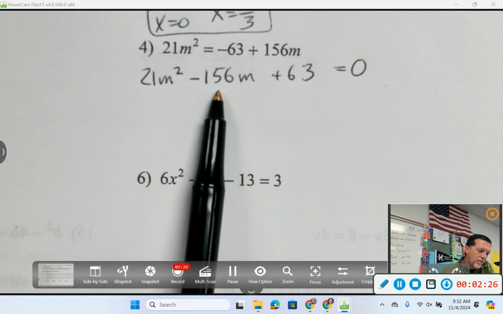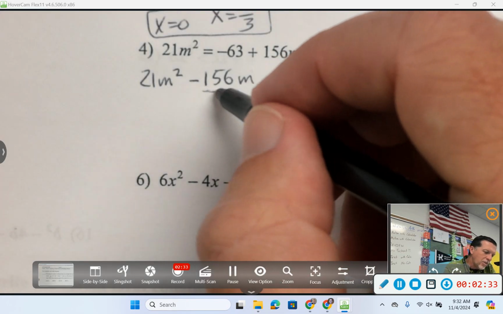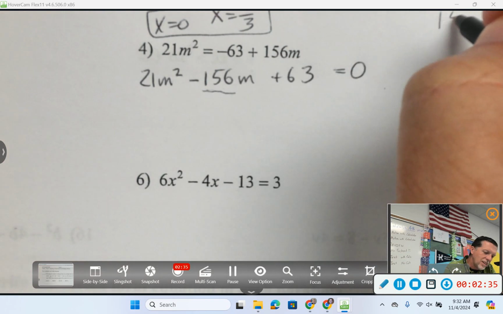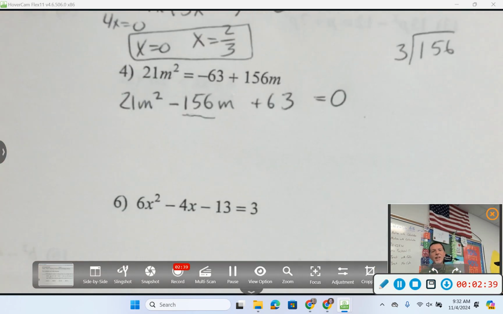I don't think it is. Let's see, it is divisible by 3 at least. Just trying to figure out how I would like to not work this problem with those big coefficients.